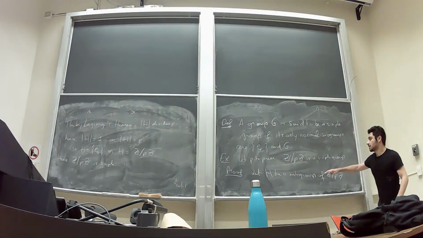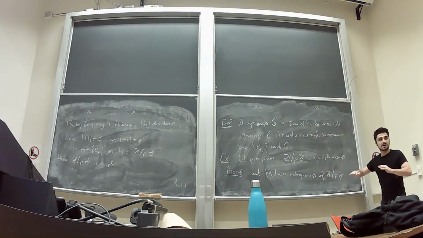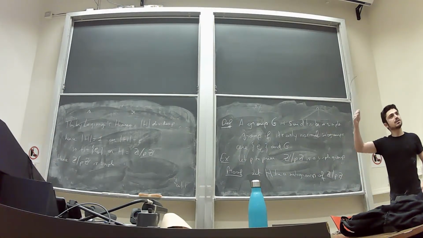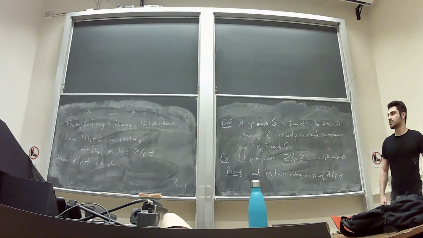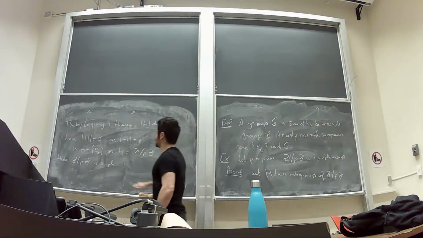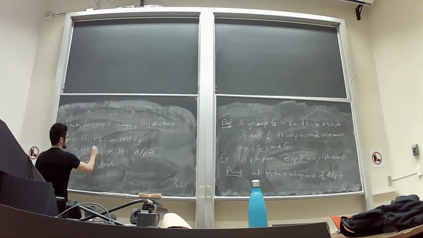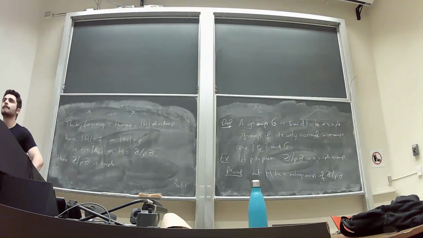But in general, Z mod pZ has no other subgroups than the trivial one and the whole group. But if you look at the subgroup H, that's not zero.